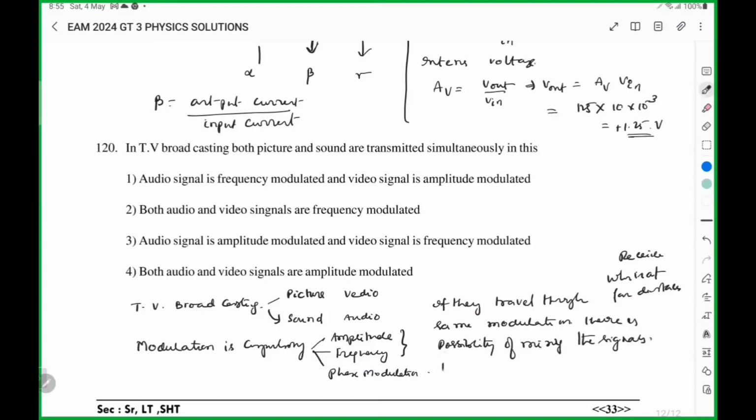So to overcome that, we send these base signals through different modulations.